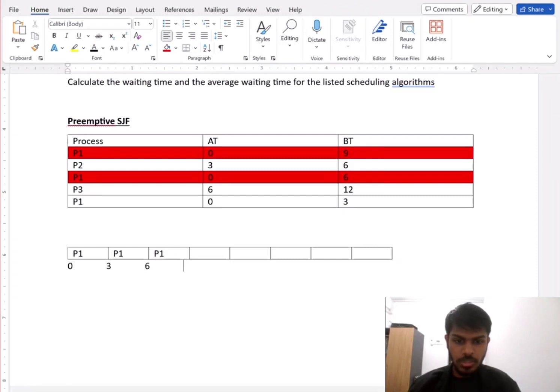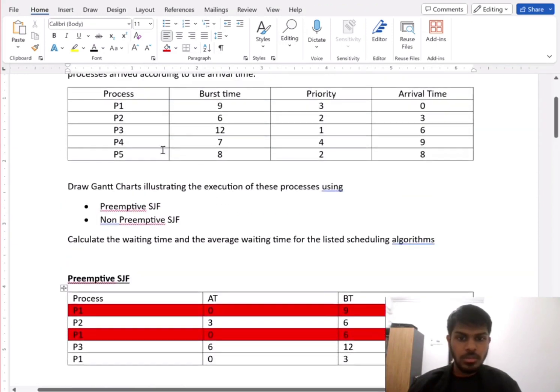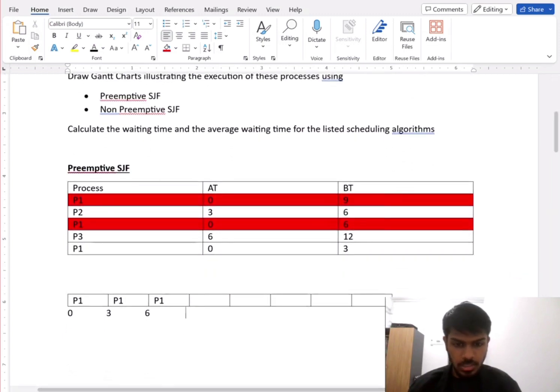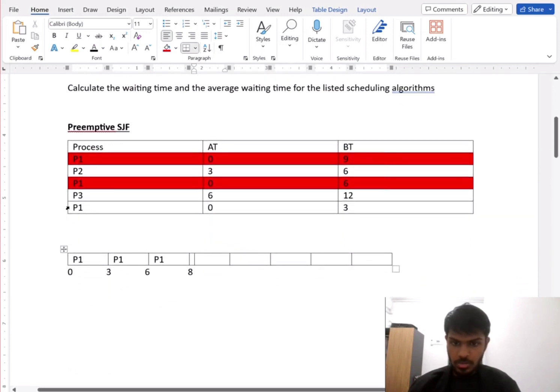The process will stop at 8, where a new process comes in.